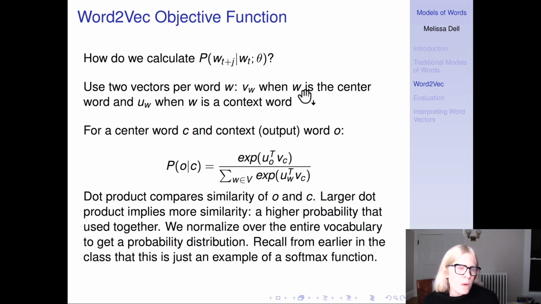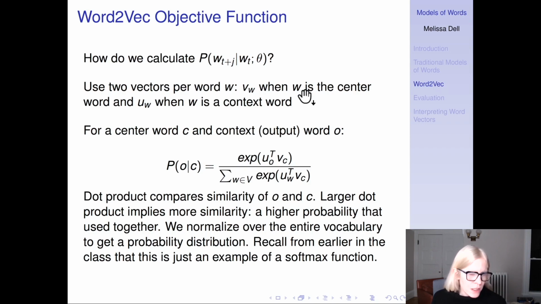And so in Word2Vec, we're going to use two vectors per word. We have VW when the word is the center word, and UW when the word is the context word. And we'll take the dot product of those two vectors, which compares the similarity between them. So if we have O and C, their dot product computes their similarity.